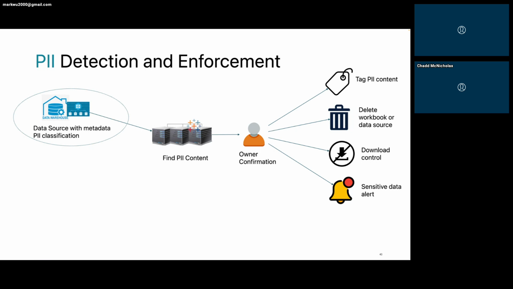Now, I do have another set of data that is not from EDW. It may come from a regular database they manage, or even be downloaded from somewhere. How do I deal with a data source without PII classification?